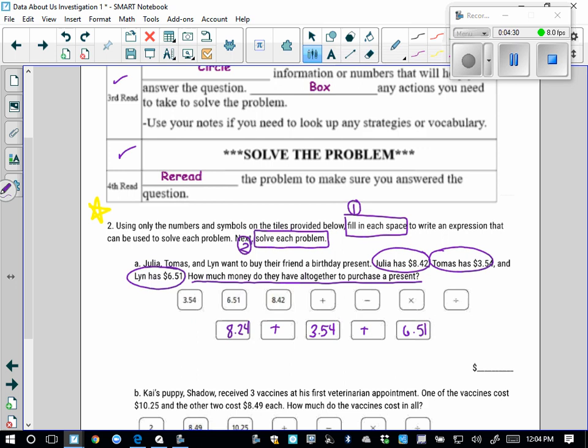So it looks like I have some scratch work to do. 824 plus 354 plus 651. I'm going to add that up, carry, and I get $18.29.